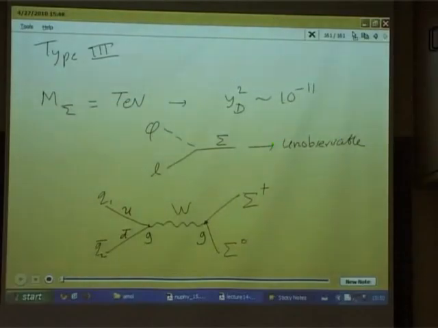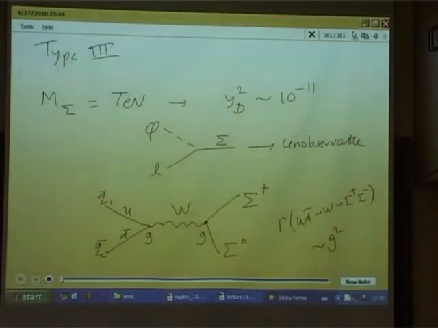So now you see the cross section. This is u d bar going to W, going to sigma plus sigma minus. It is just something like g squared, so it's like 1%, 10%. g squared by 4 is alpha, which is of the order of that.